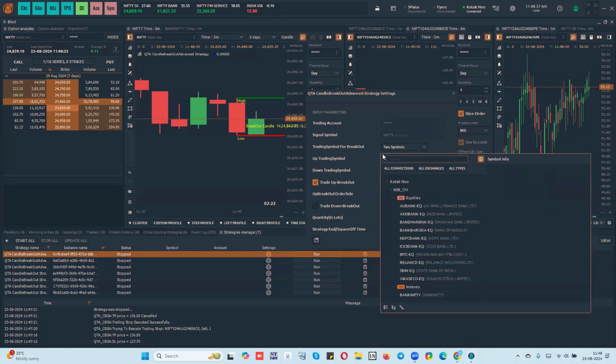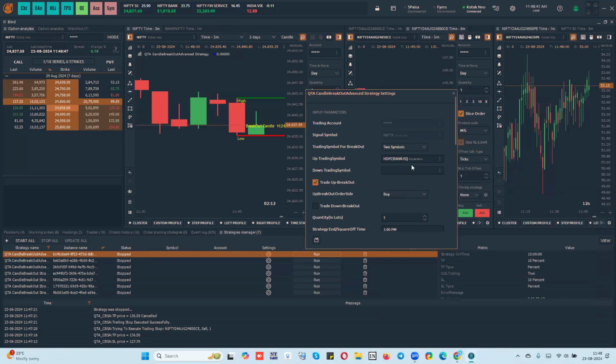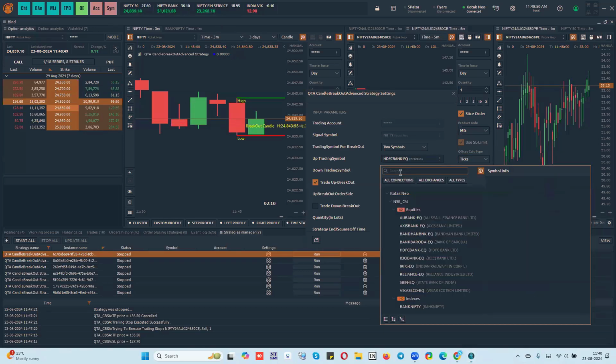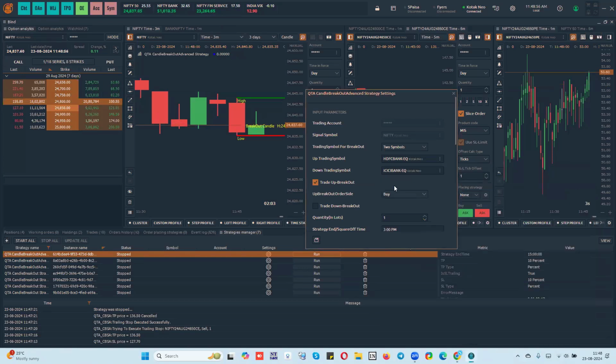the upside. Let's try this example as well. Say HDFC Bank for upside breakout and say ICICI Bank for a downside breakout. On an upside breakout, I will buy.